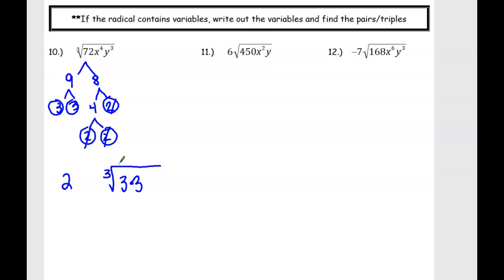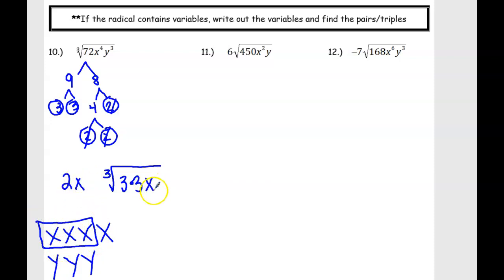Okay, now I'm going to look at my variables. So with my variables, I've got x to the 4th, so I'm going to write 4 x's. And I've got y to the 3rd, so I'm going to write 3 y's. Okay, it's going to work similarly to how we did the prime factors. I'm going to look for my triples. Okay, notice I have one set of triple x's, so I'm going to pull that out, and I have 1 left over.